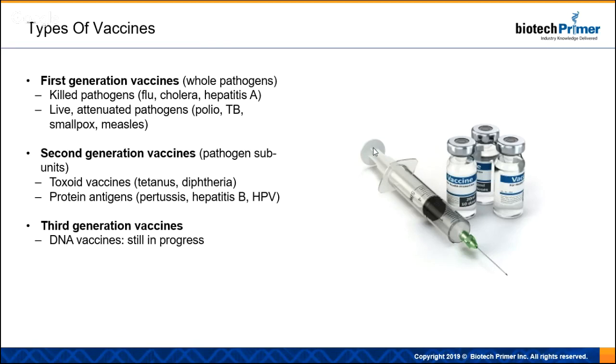Another type of whole pathogen vaccine is a live attenuated pathogen. And so attenuated just means weakened in some way, but still alive. So a couple of different ways of doing this is, for example, by growing the virus in the lab at a slightly different temperature. So 36 degrees Celsius is the temperature of the human body.